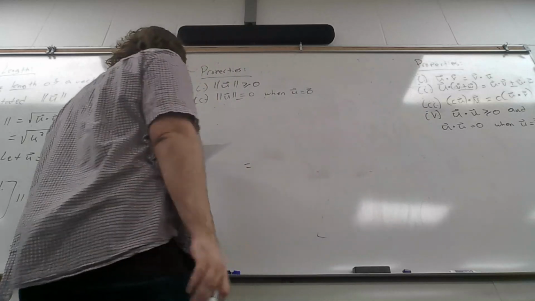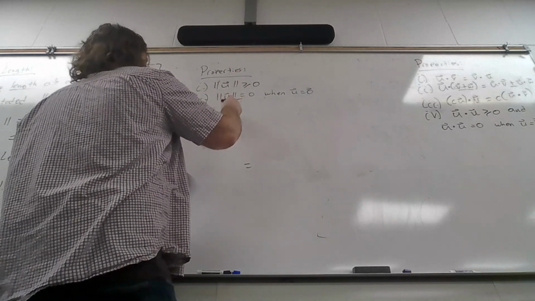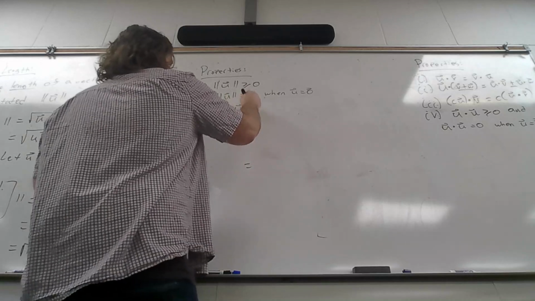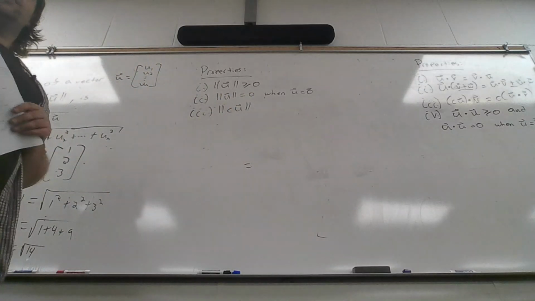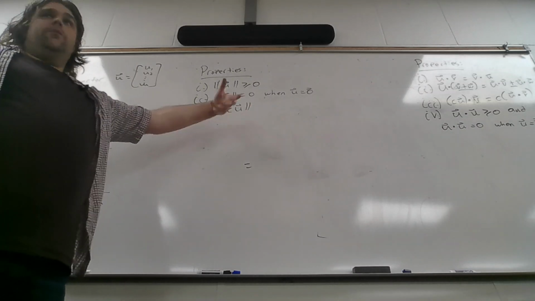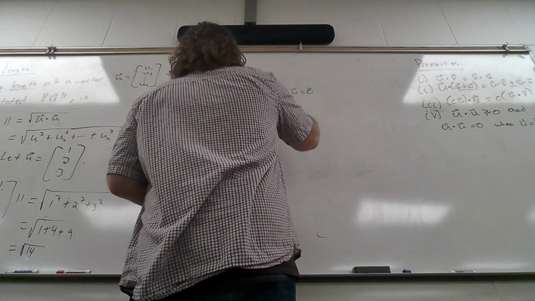Again, from that. But an important part of length is if we scale a vector by an amount, like if we multiplied it by 2, we would expect the length to be twice as long. So it turns out that is exactly what happens.